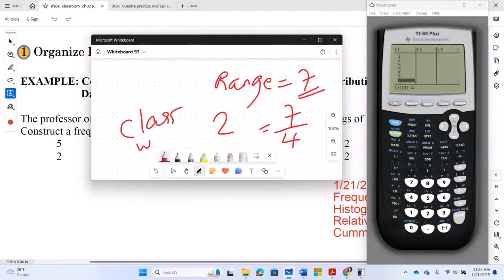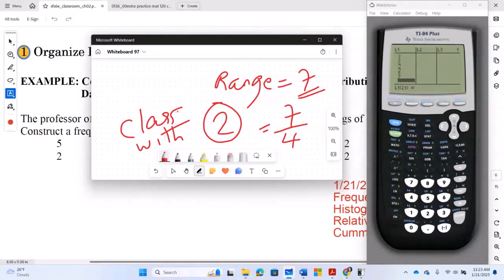Remember what we are trying to do: build a frequency distribution table. The first thing to do is to find the range and the number of classes you want. I want 4 classes. Divide the range by the number of classes and round up. Even if you have 1.2, you still have to round up. So I rounded up and I have a class width of 2, so I can continue from there.